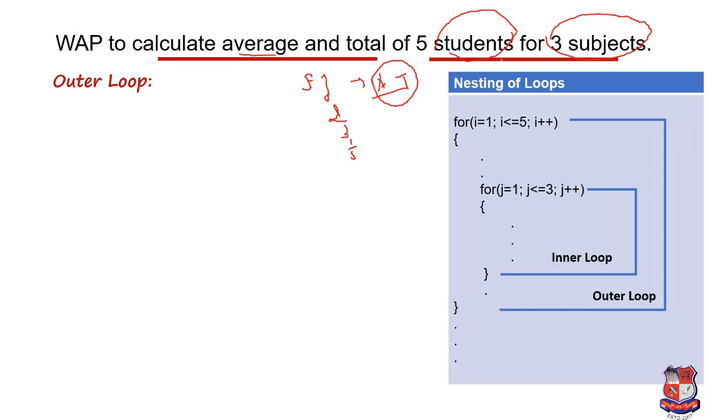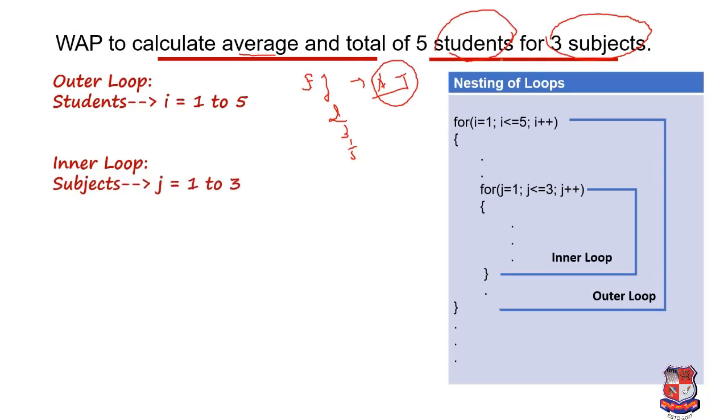We have 5 students, that's why we take the outer loop with the range 1 to 5. We take the inner loop for subjects, and we have 3 subjects, so the inner loop has the range 1 to 3. The outer loop starts with control variable i, initialized with 1, and goes up to 5. Same for the inner loop: control variable j, initialized with 1, goes up to 3. It means 1, 2 and 3.